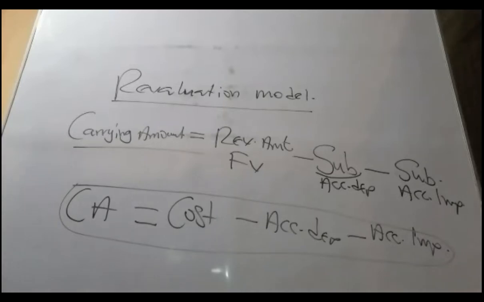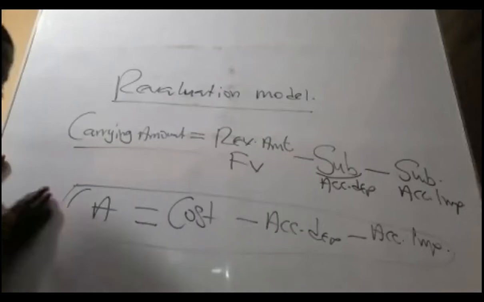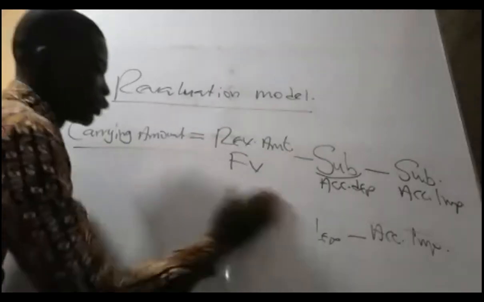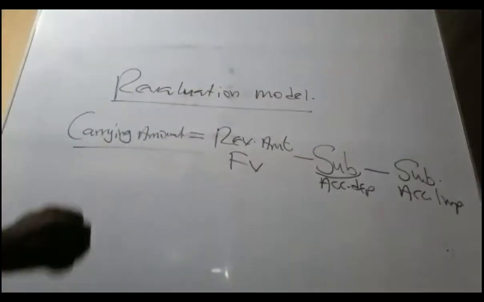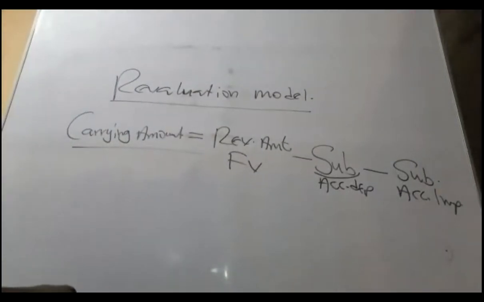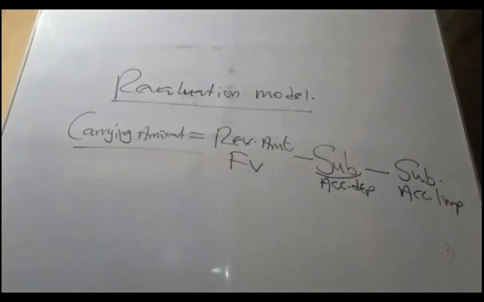Now the subsequent accumulated depreciation: after valuation, the asset details vanish from the books. What is left is just the fair value. So any depreciation must be the one that is yet to be charged after the valuation. Good. So that's why we use the word subsequent accumulated depreciation.